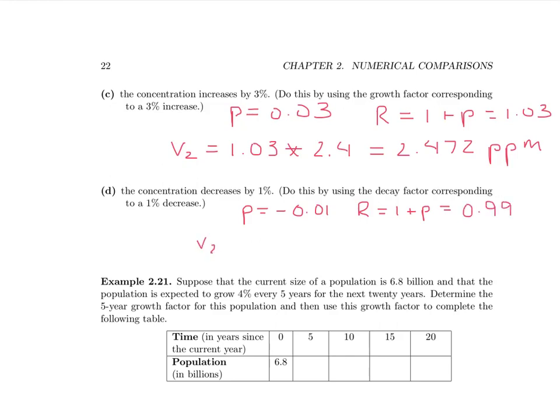So the final concentration in the lake is 0.99 times 2.4 parts per million, which gives us a final concentration in the lake of 2.376 parts per million. Let's go ahead and look at the next example.